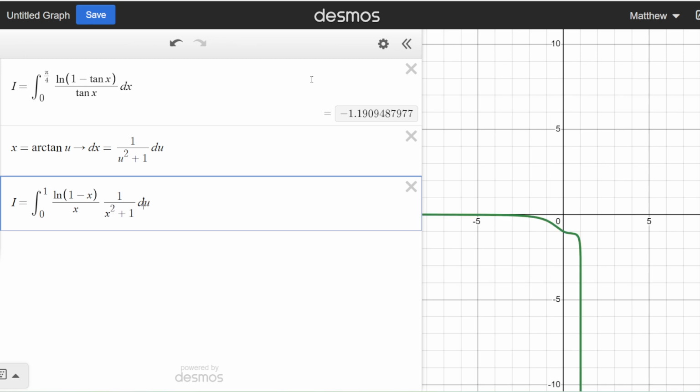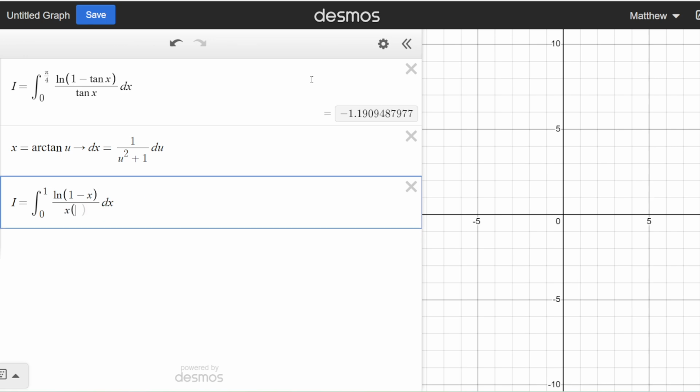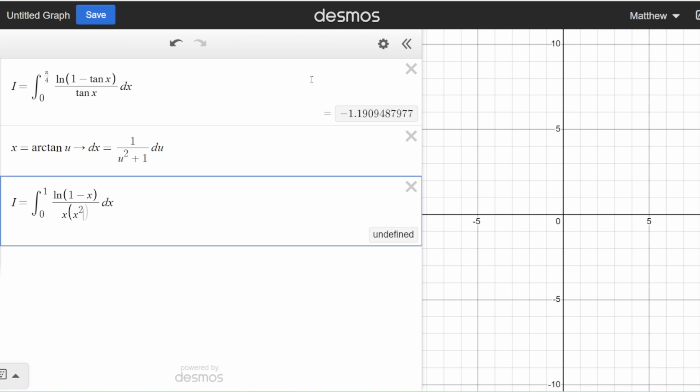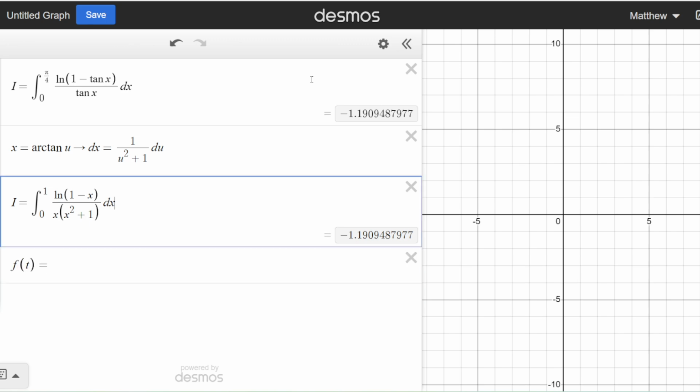All right, so now we have x, and then I'm just going to bring this down to the denominator, x squared plus 1. All right. Now what? Well, let's make a function of t like this.